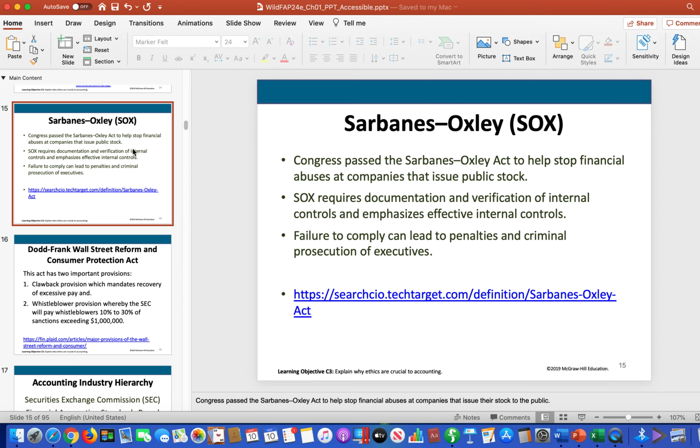And we're talking multi-billion-dollar companies, not some small business. And so in response to that, Congress passed a law called the Sarbanes-Oxley Act, named after the two Congress people who sponsored the bill. And they give a summary of what Sarbanes-Oxley is about.